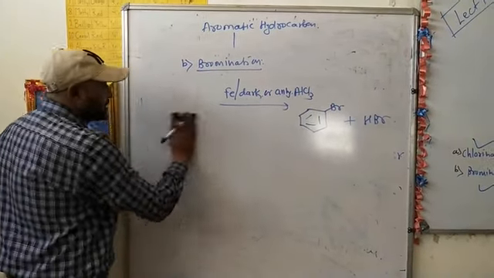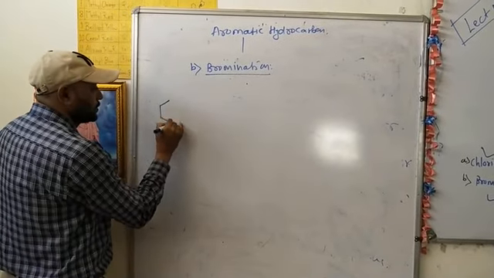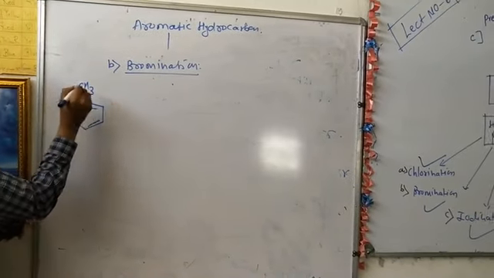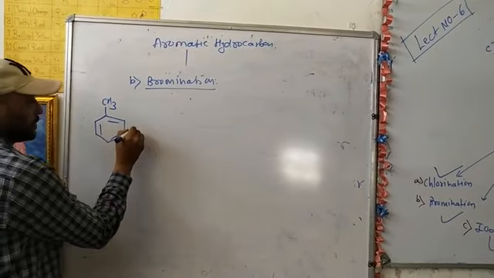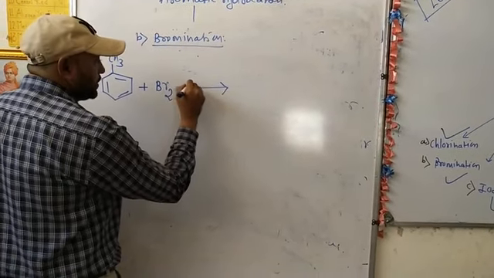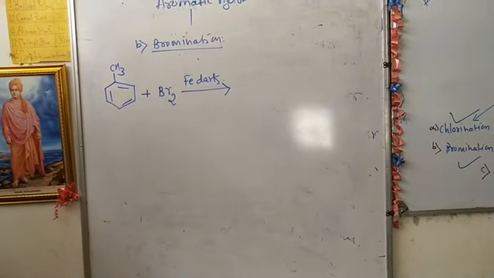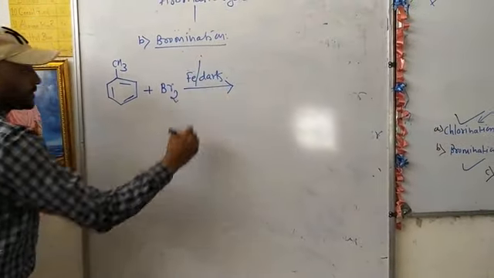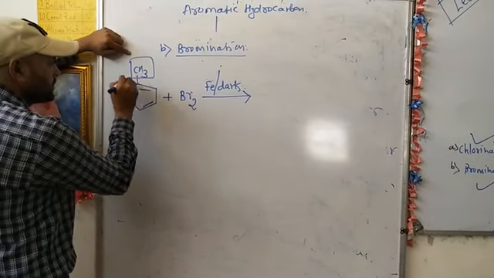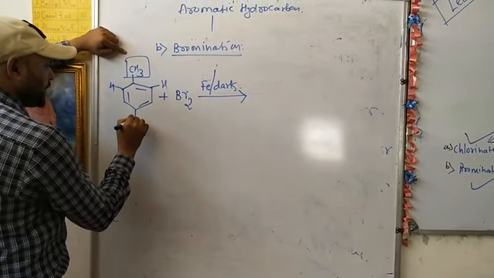Now a derivative of benzene, take toluene, CH3 plus Br2, Fe in presence of dark. So now our methyl group is ortho and para director.